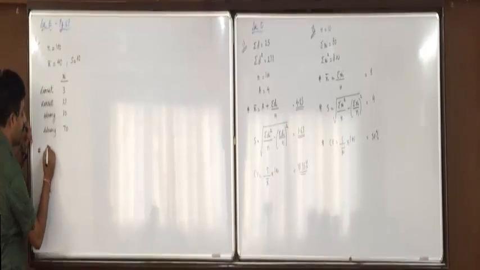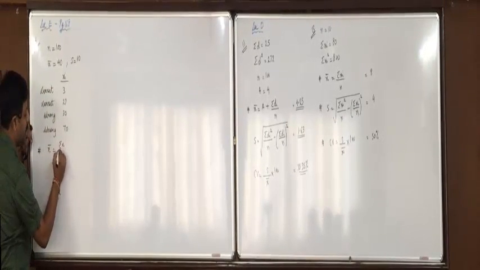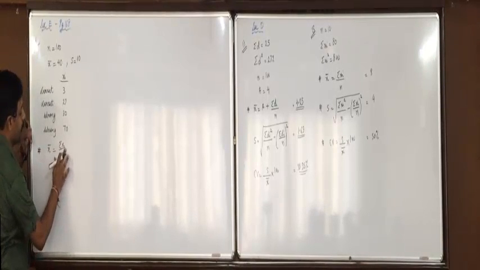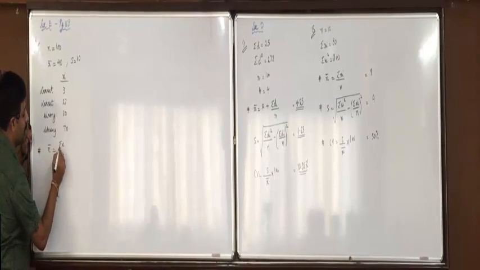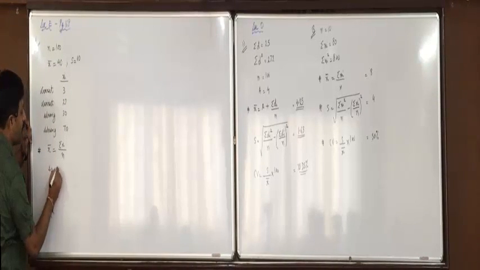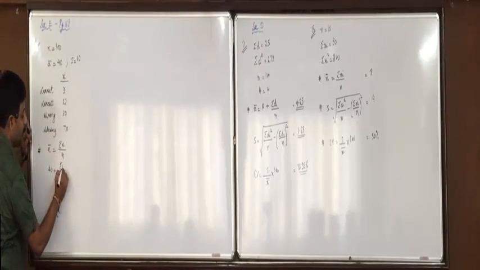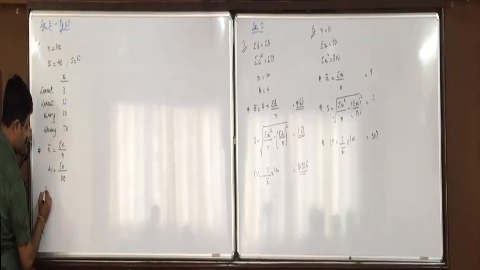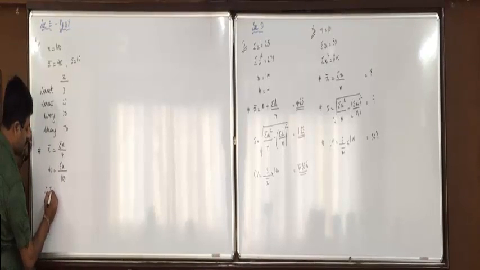Write down: x bar equals sigma x upon n. x bar we will put 40, and n is 100. So sigma x will be 40 into 100, that is 4000.